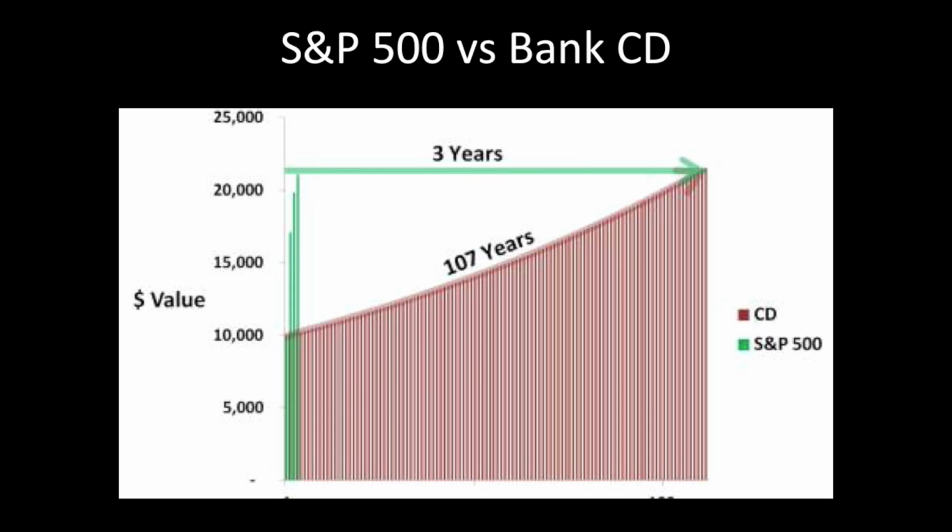Whereas if you'd simply put that into the S&P 500 stock market average, within 3 years you have that exact same money, guys. This is totally legitimate. It's not beating the market, it's just keeping up with it. And if you can just keep up with the market, you'll make in 3 years as much money as you'd make from your CD in 107 years. Guys, that's crazy. Just think about this for a sec.